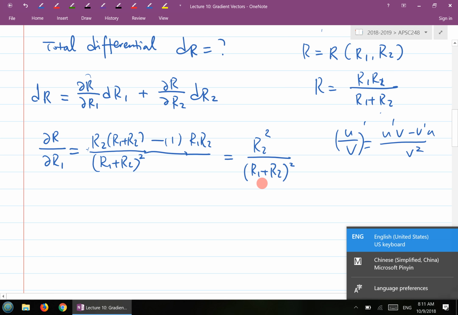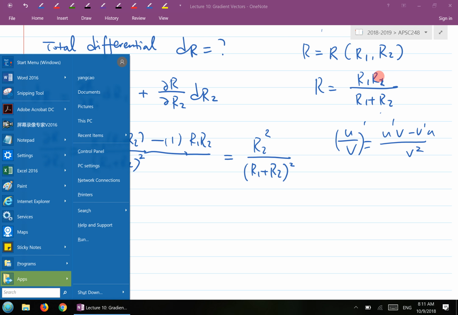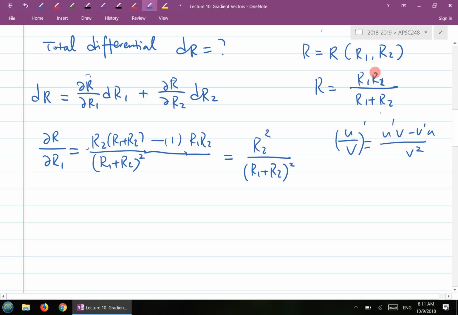But in the solution I provided in the assignments, we used this expression of R. If you look at R squared, which is R1 squared R2 squared over (R1 plus R2) squared, and this partial derivative involves this R, I have an R squared here and get rid of the R1 squared.